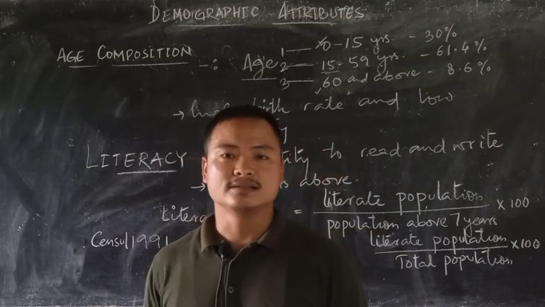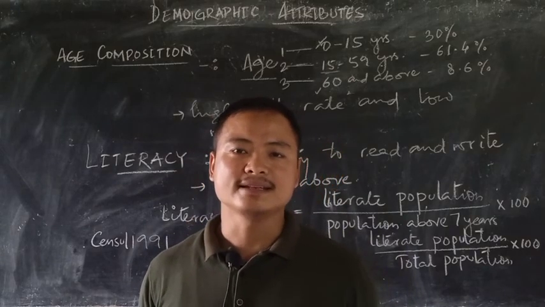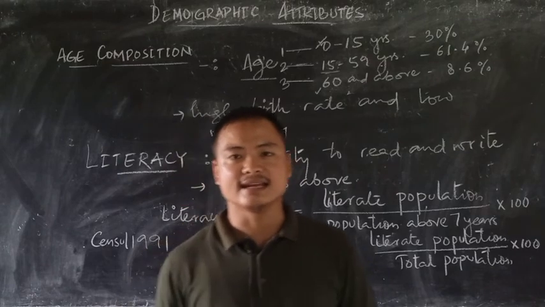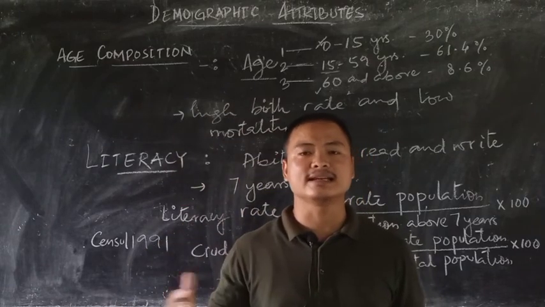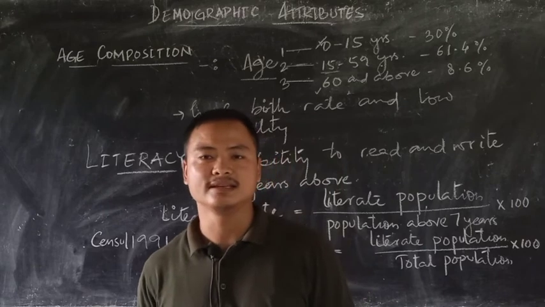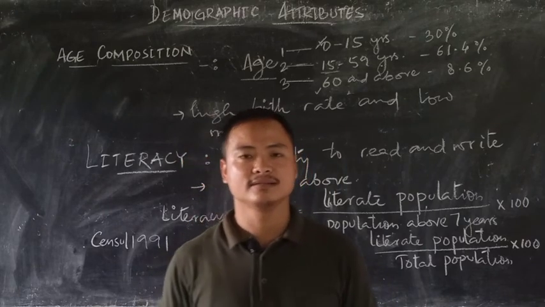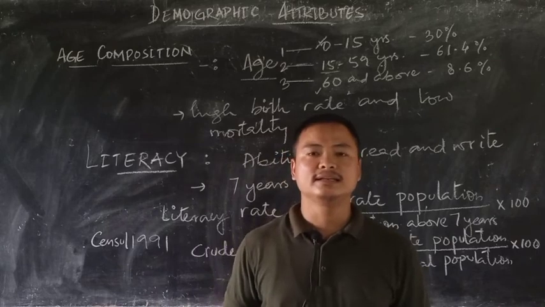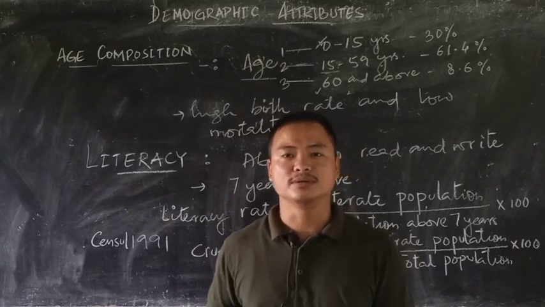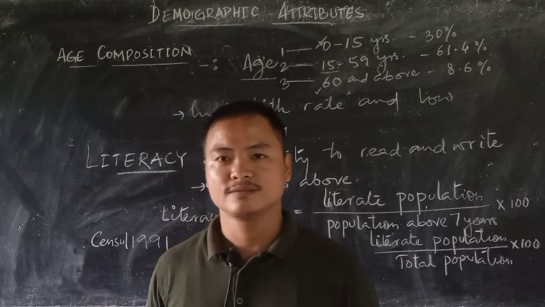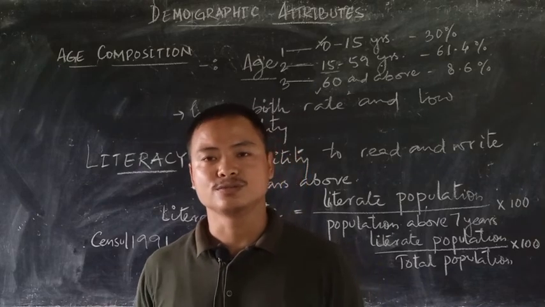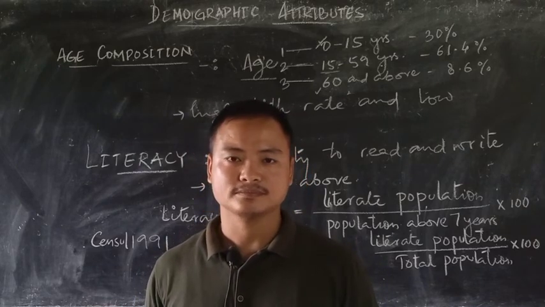So, from 1901 till 1991, there was a gradual increase in the literacy rate. But after 1991, the literacy rate almost doubled between 1991 to 2011.